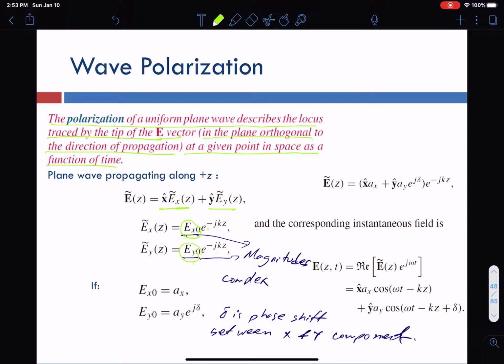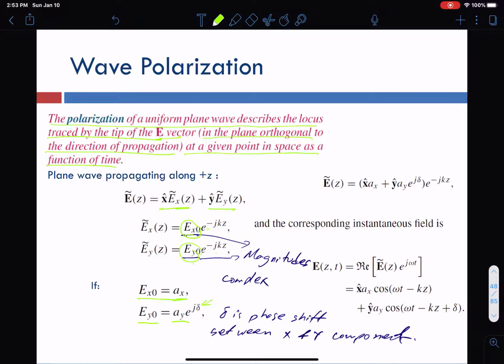Both of them are complex, because they have both real and imaginary parts. So if we say that Ex0 is ax and Ey0 is ay e to the j delta, that means delta is the phase shift between the x component and the y component.